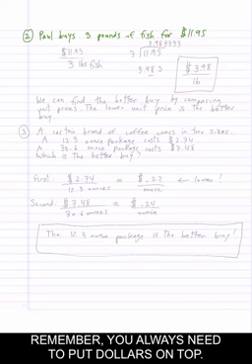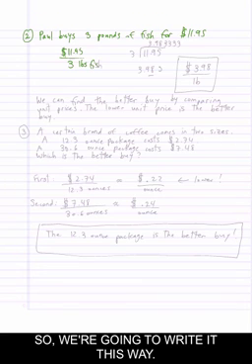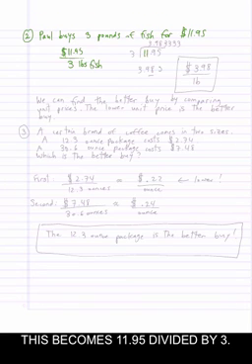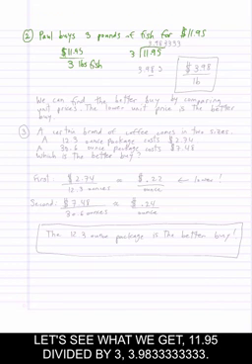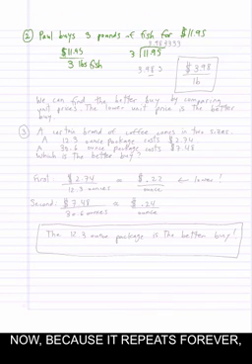Remember, you always need to put dollars on top. So we're going to write it this way. This becomes 11.95 divided by 3. Punch it into our calculator. Let's see what we get. 11.95 divided by 3 is 3.9833333333.